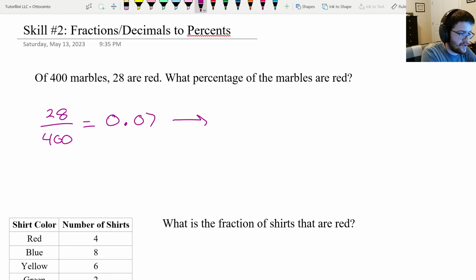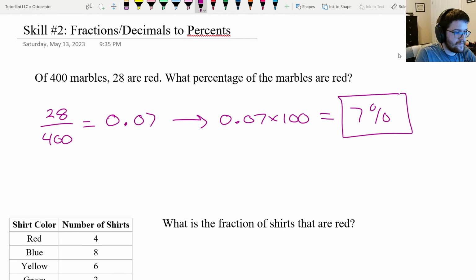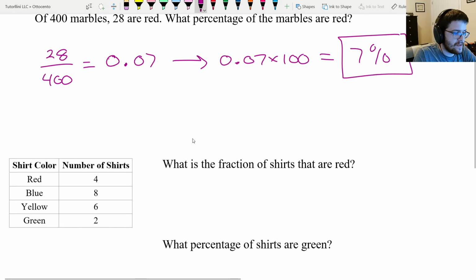And to change it to a percent, we're going to do 0.07 times 100. So we write our decimal and then we multiply it by 100. So for this one, I get 7% are red. Great, let's keep going.